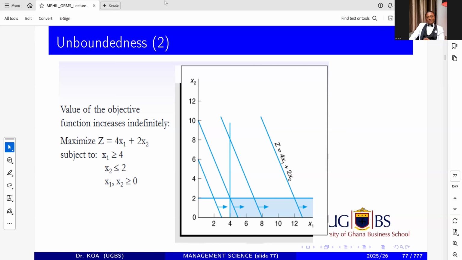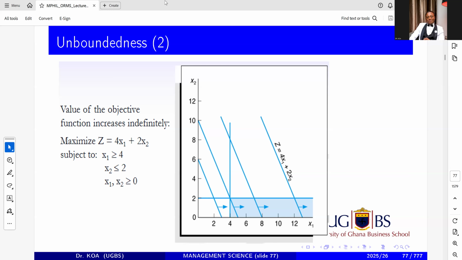The difference between the unbounded and the infeasibility. You said the unbounded goes to positive or negative infinity. But that of the infeasibility has what?